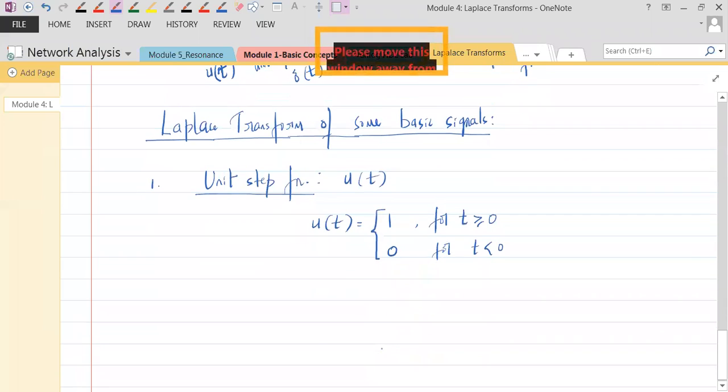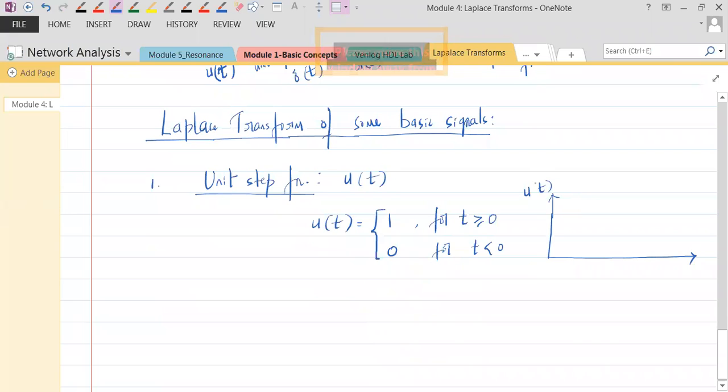Understand? How does it look if you plot? It looks like this. So this is u of t.